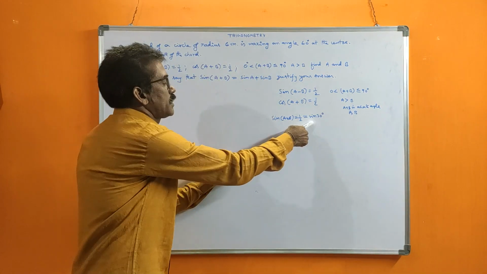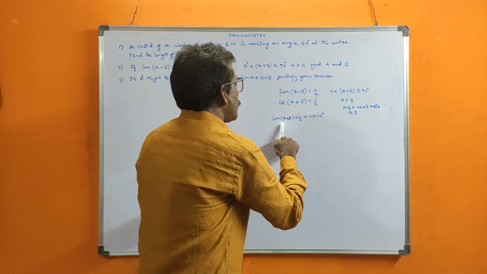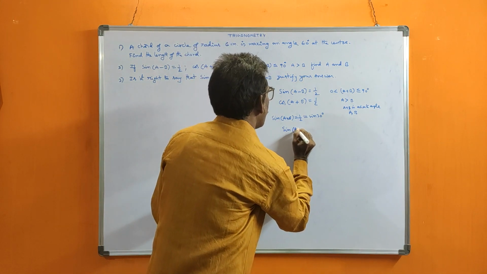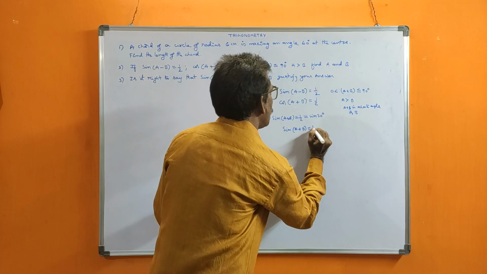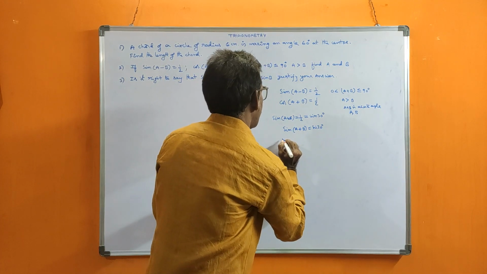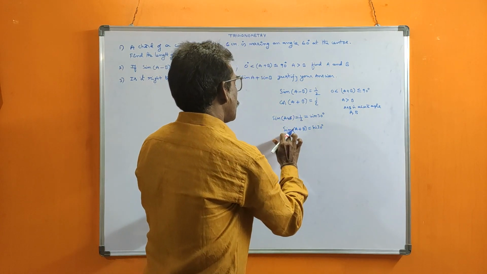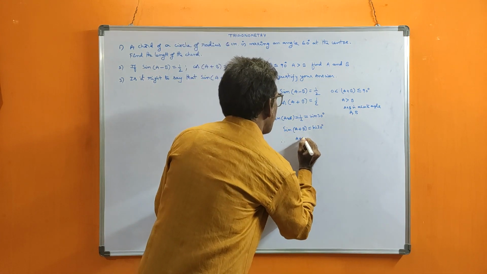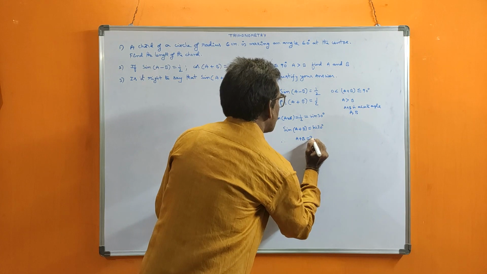This also is equal to 1 by 2. Therefore sin(A plus B) is equal to sin 30, which means A plus B is equal to 30 degrees.